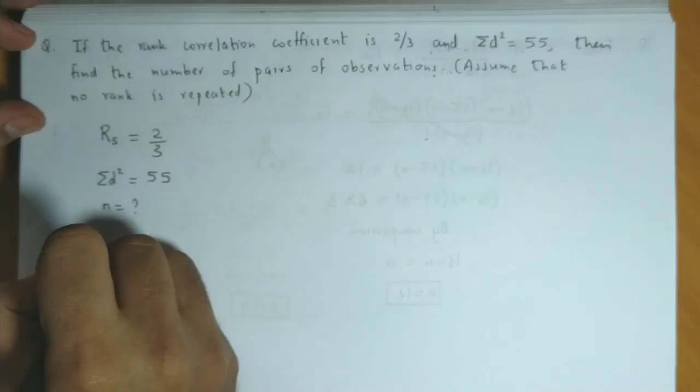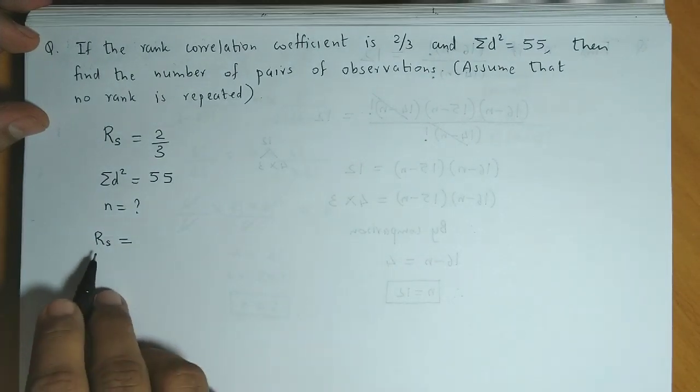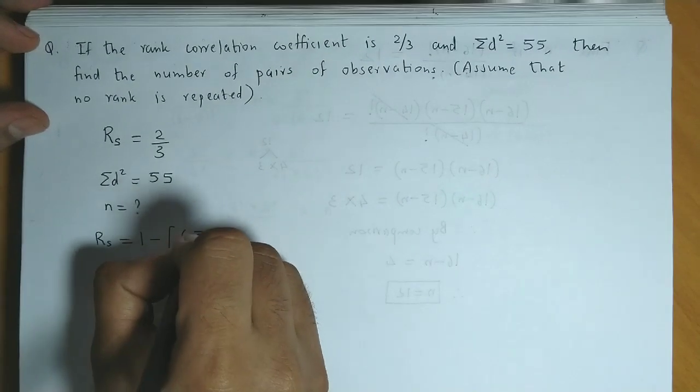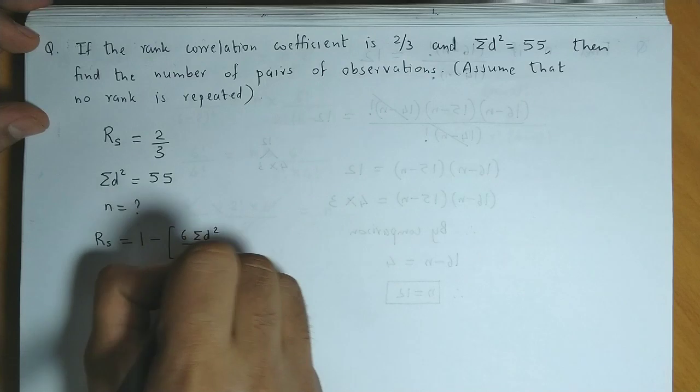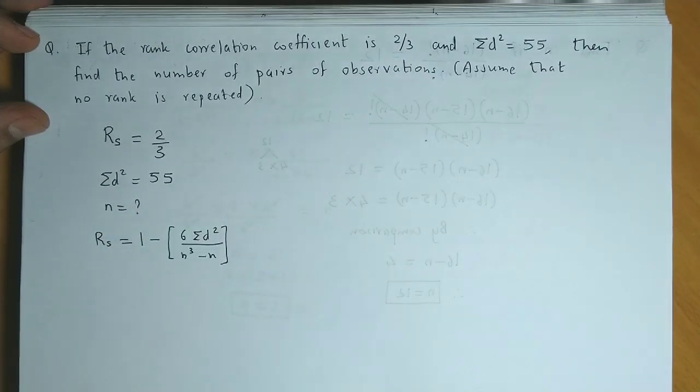Now we apply the formula for Spearman's rank correlation coefficient, which is RS is equal to 1 minus 6 times summation d square upon n cube minus n.